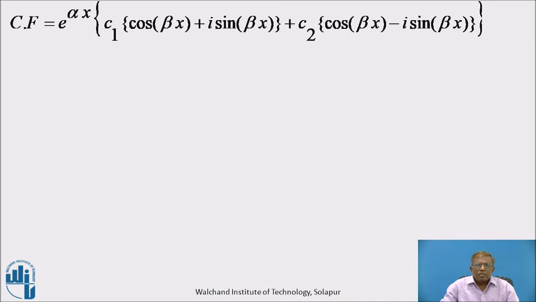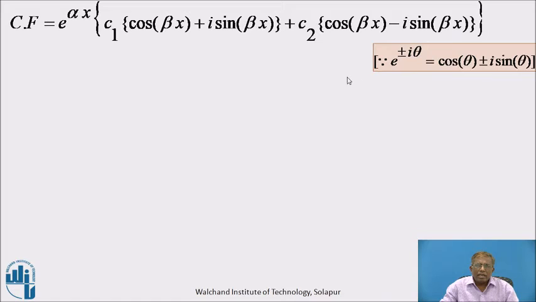That's why CF equal to e raised to alpha x in bracket c1 into bracket e raised to i beta x can be written as cos beta x plus i sin beta x bracket close plus c2 in bracket e raised to minus i beta x can be written as cos beta x minus i sin beta x bracket close and big bracket close. This is due to Euler's formula, e raised to plus or minus i theta can be written as cos theta plus or minus i sin theta.